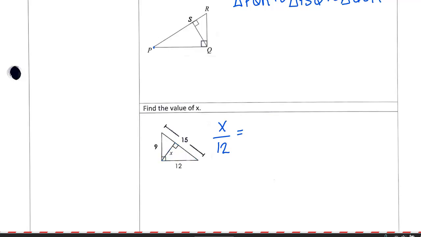And then if we look at our big triangle, we want to find the corresponding leg. So you'll see that it's the shorter leg, which means that's going to be 9, the shorter leg, over the hypotenuse, and the hypotenuse of our big triangle is 15. And now we can cross multiply to solve. So we have 15x equals 108, which means that x equals 7.2.